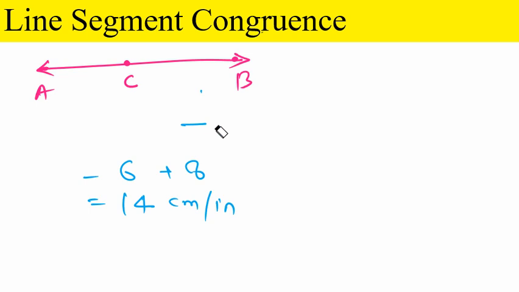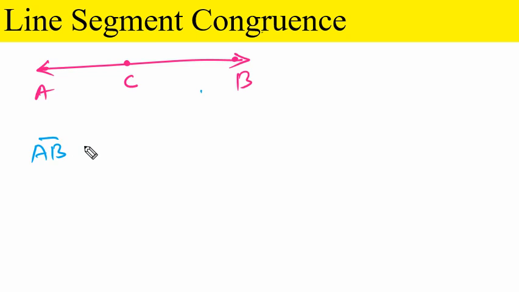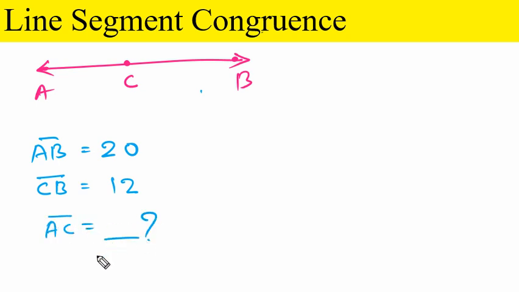Now let's try some more examples. If the total length of segment AB is 20 and segment CB is 12, then how much will be segment AC? How do we find the solution?